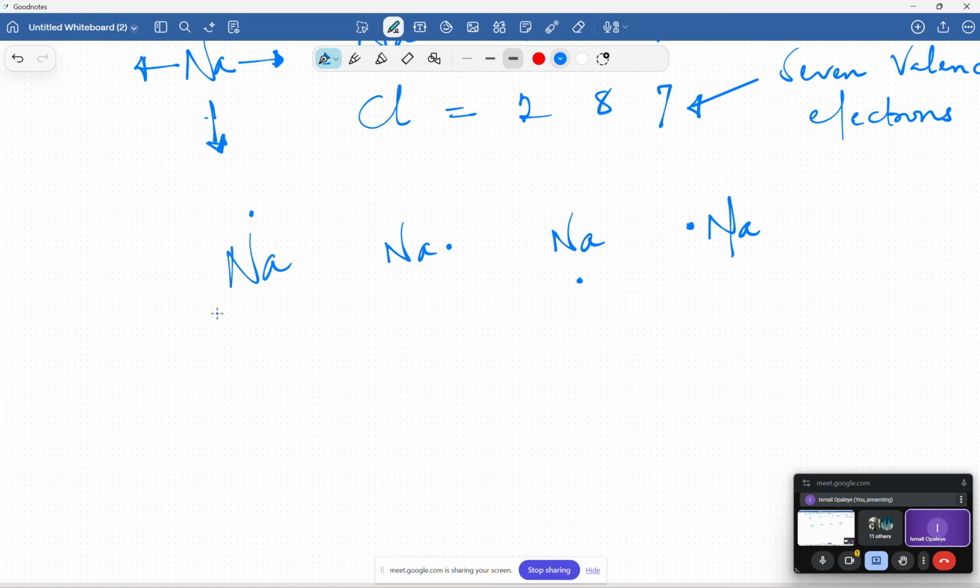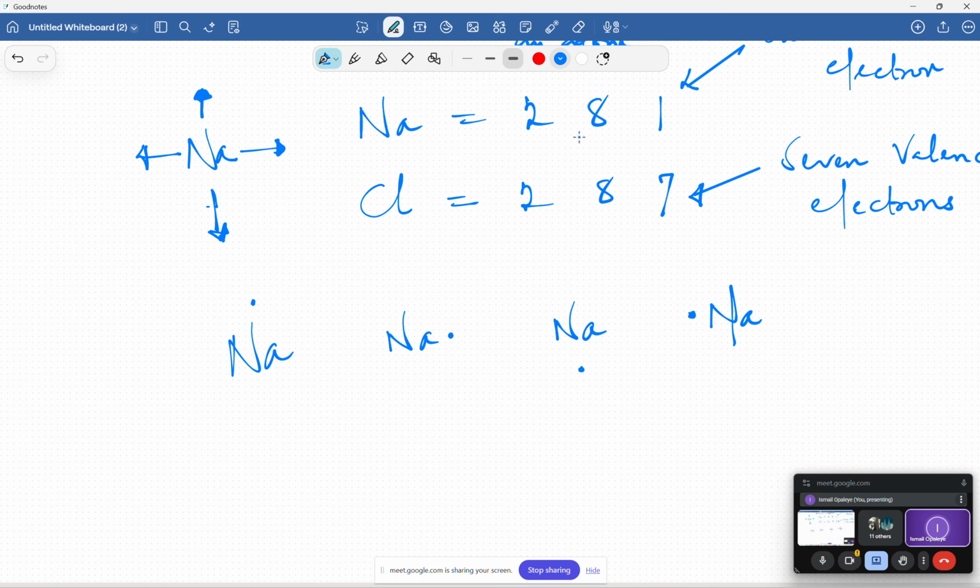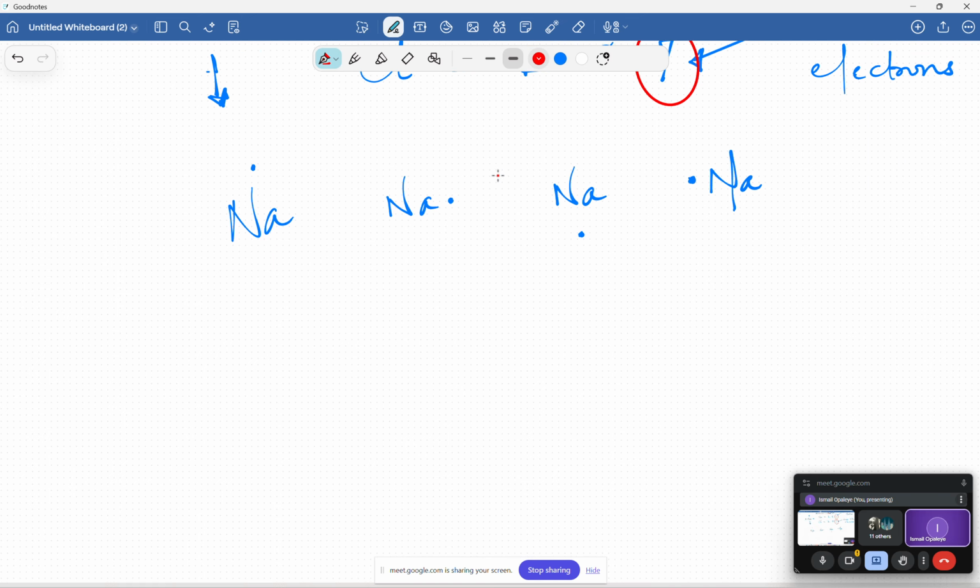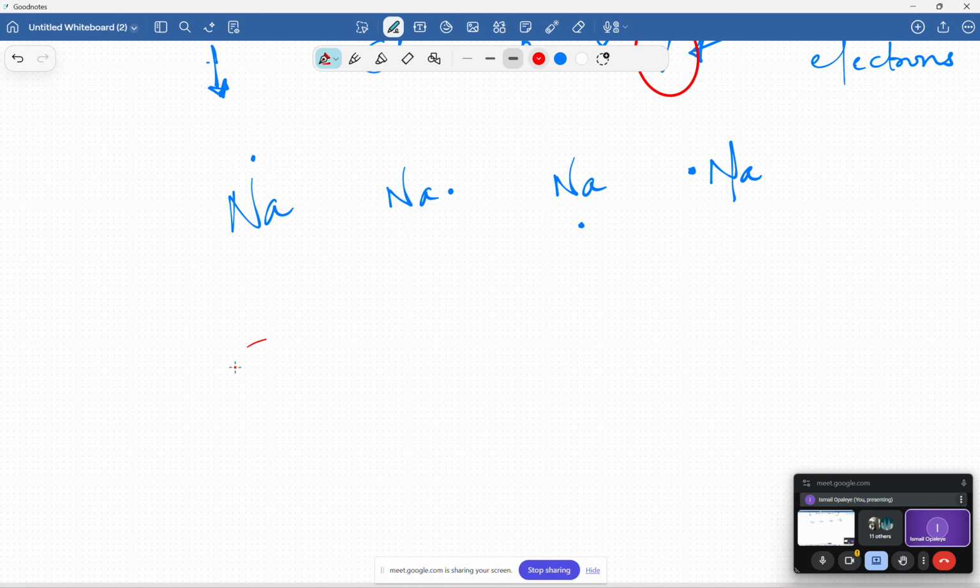It is not that you are going to indicate the total number of electrons. It is just the valence electrons we are dealing with. So you're dealing with 1 in this case, and 7 in this case. So we want to draw the Lewis structure for chlorine now. How many electrons am I supposed to put around it? Anybody?